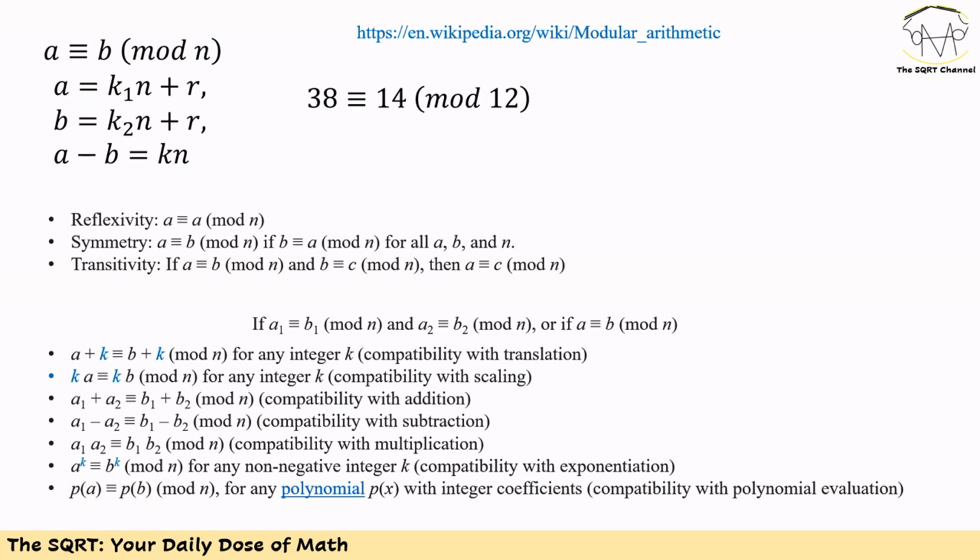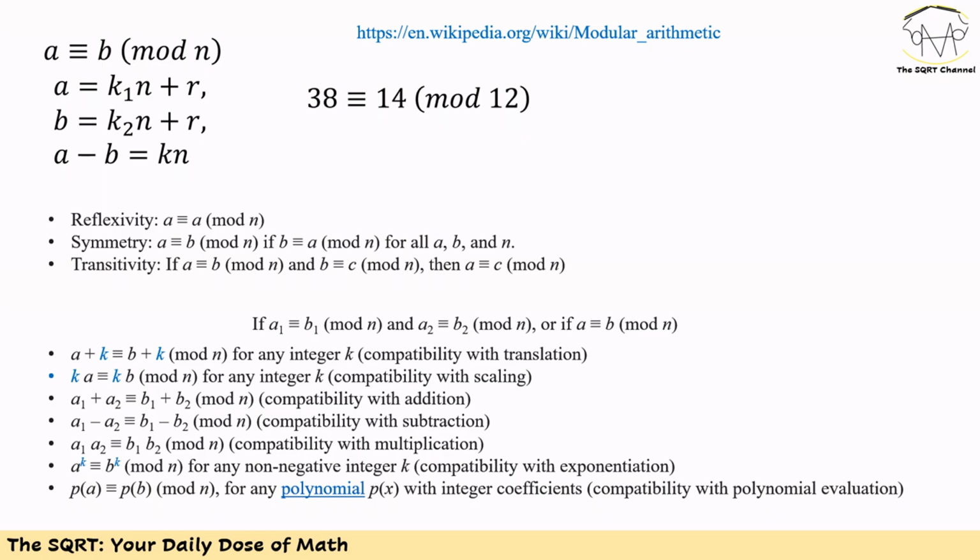One more important property is that if a and b are congruent for modulus n, then a to the power of k is congruent to b to the power of k for the same modulus n. K is a non-negative integer here.